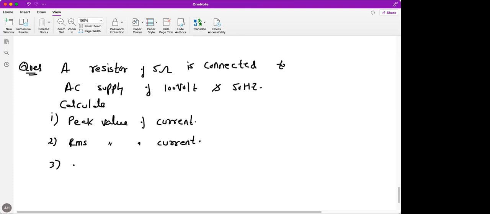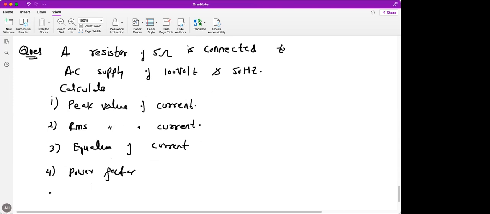Third part, equation of current. Fourth part, power factor. Fifth part, average power.